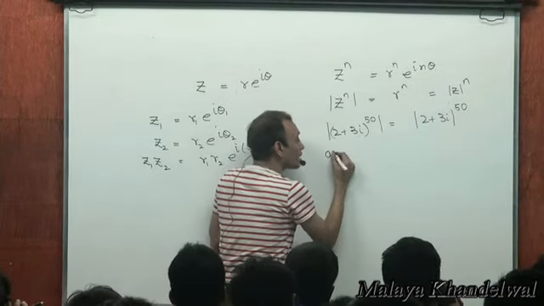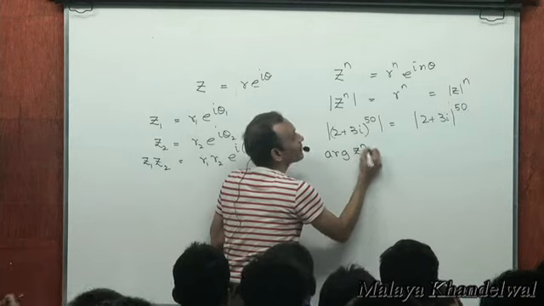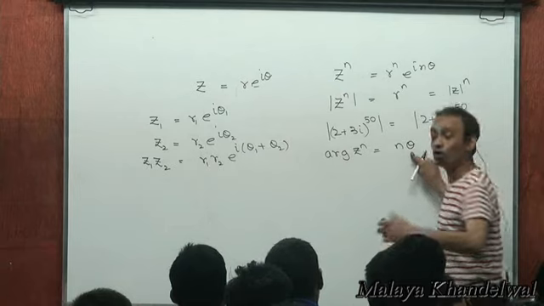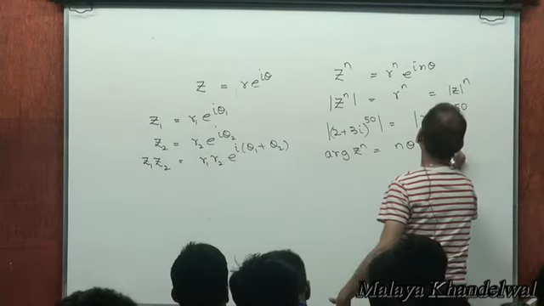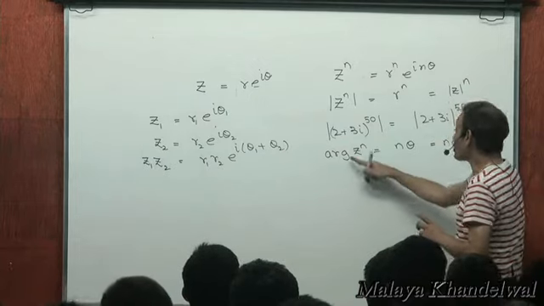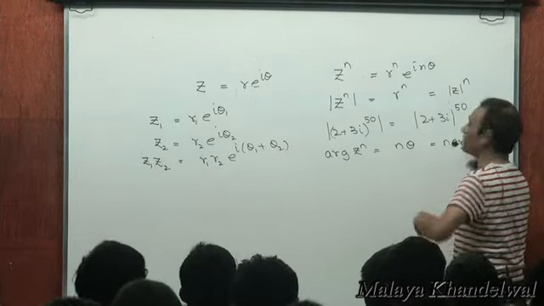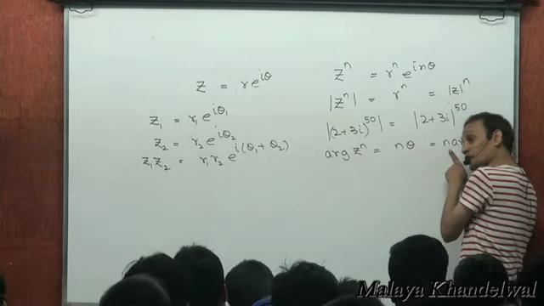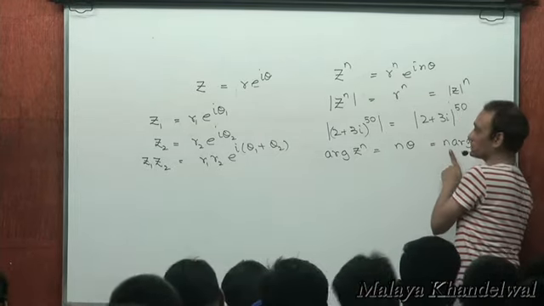So what is the argument of z power n? N theta, which is n into argument of z. Log of a to power m is m log a. Similar kind of stuff, right? Even though this may not necessarily be the principal value of the argument.